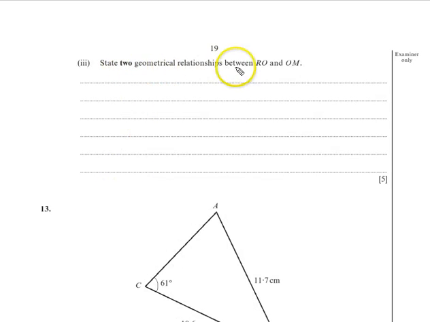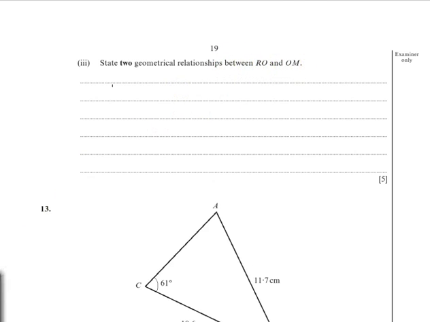So we've got 2 geometrical relationships. Well, they're parallel. The 2 lines OR and OM are, well, it says between RO and OM. So I better look a bit more carefully at that, hadn't I? Because let's just see RO and OM.